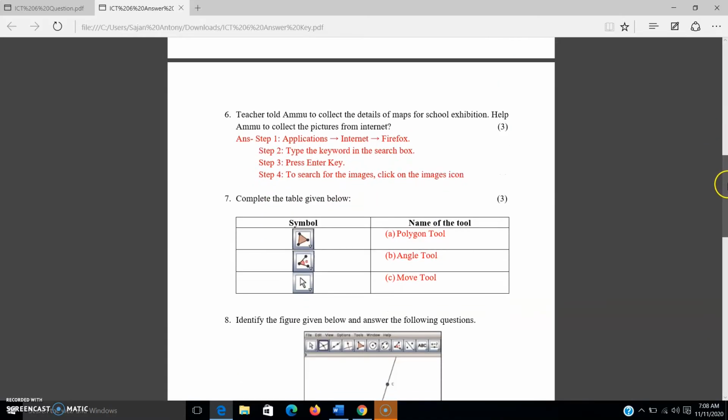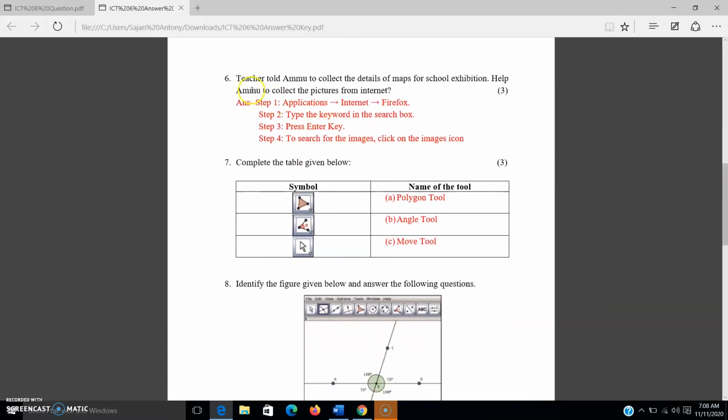Now let us move to the sixth question. Teacher told Ammu to collect the details of maps for school exhibition. So this is a case or criteria given to you.